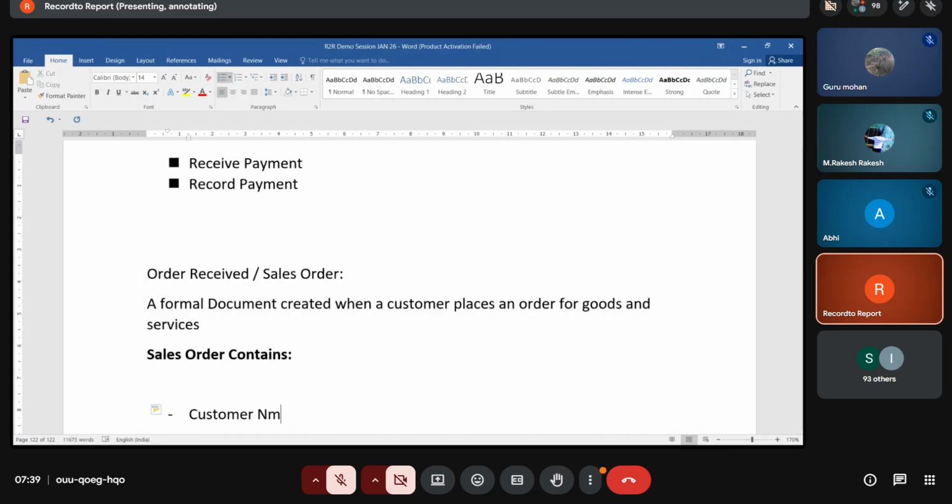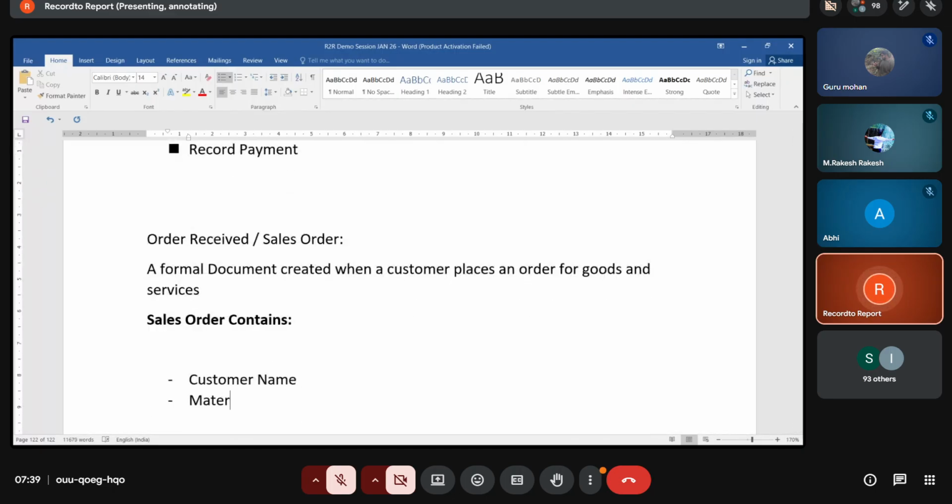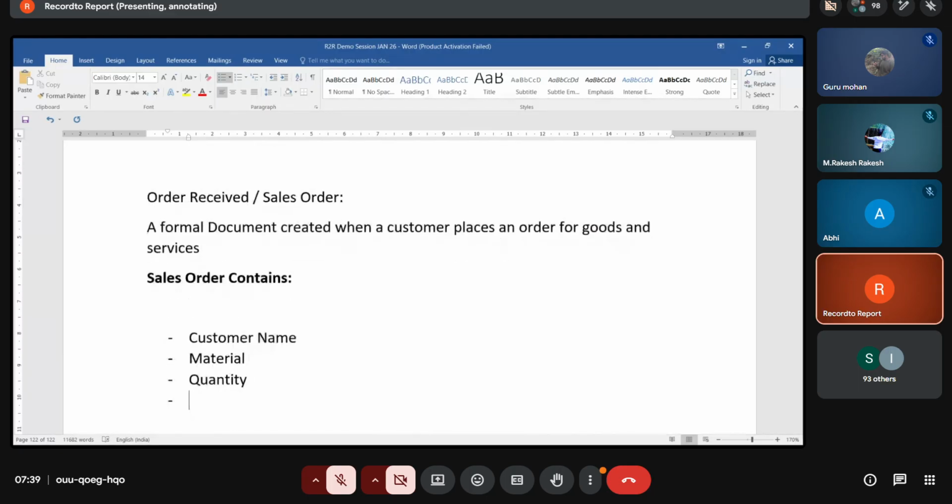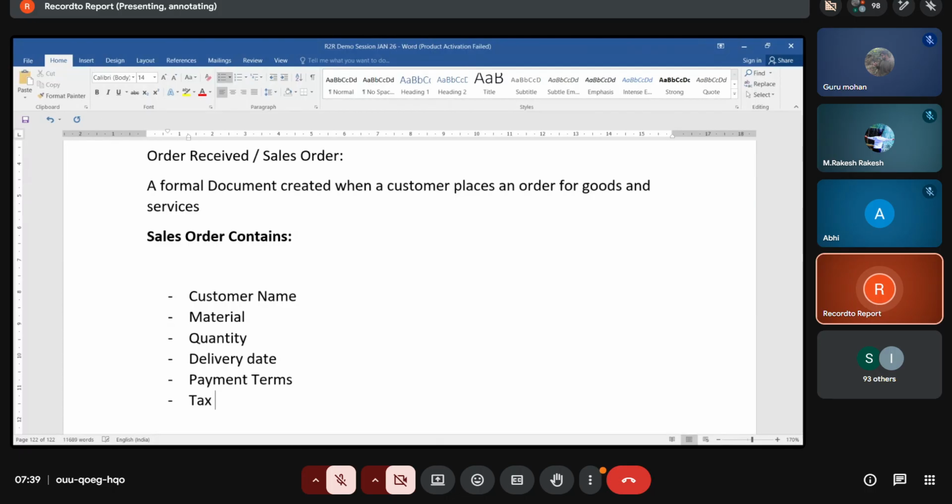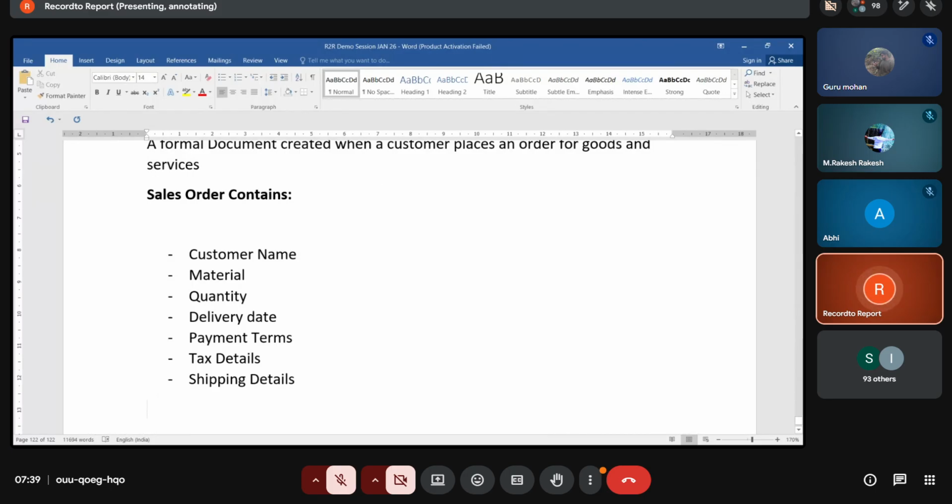Customer name and material, quantity, delivery rate, delivery date, payment terms, any tax details and shipping details, the mode of shipping, whether you are shipping through air, rail or any transport. So all these details will be considered, guys. So who will issue the sales order? Sales order will be issued by the company to the customer.